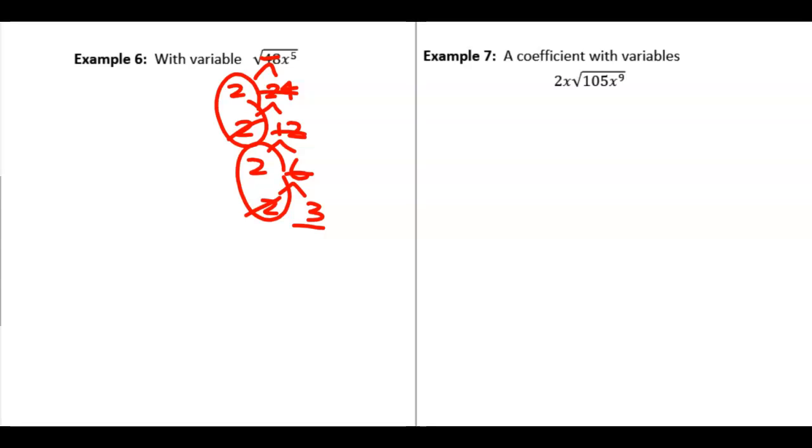Go ahead and write 5 x's here. If I have the square root of x to the 5th, they're asking you how many pairs of x. So you can circle your pairs just like with the numbers. I have a pair of x, and I have another pair of x, and then I have one loner x.